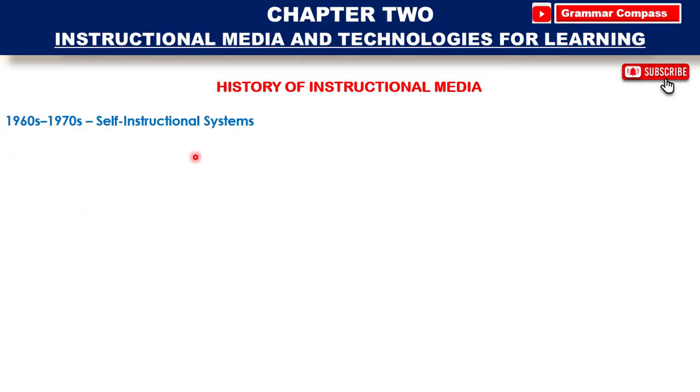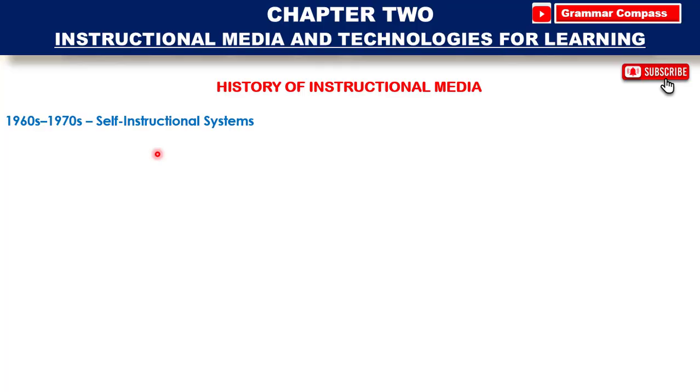Let us proceed to see what happened in the 1960s through to the 1970s. That is the self-instructional system. So as we moved into the 1960s and 70s, learning became even more self-directed. B.F. Skinner's teaching machine had done its job, but now educators were looking for simpler, more accessible tools.